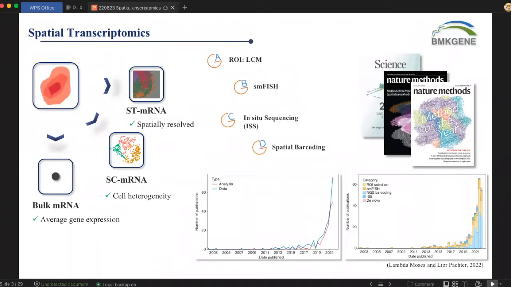In terms of spatial transcriptomics, when we look back at RNA sequencing or transcriptome sequencing, what next generation sequencing has brought us is that we can have a complete gene expression profile of one sample.